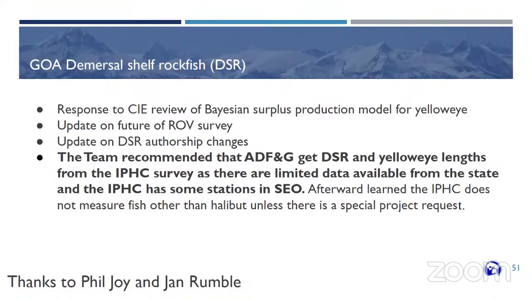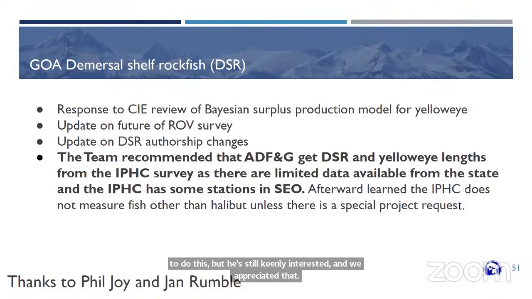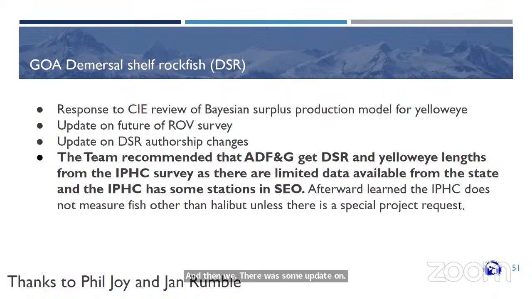Thanks. We had a CIE review on a surplus production model for yelloweye that Phil Joy undertook, and he's actually advanced that quite a bit on the side with one of the CIE reviewers, and he presented that. It was very informational and interesting. You all know he changed jobs, so he will not be available to do this, but he's still keenly interested, and we appreciated that. And then there was some update on DSR authorship changes and the extent of future ROV surveys.